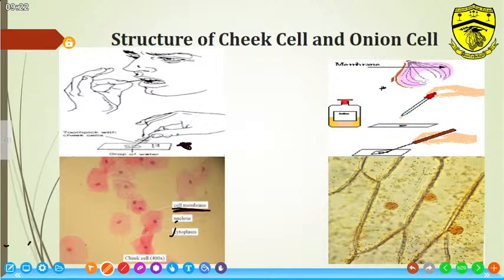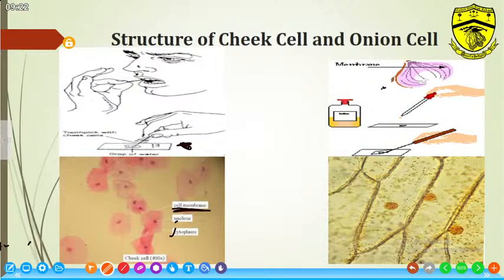And next one, how do we get the onion cell? How do we get it? Yes, you got it. First, we cut an onion and obtain an inner fleshy tissue. Remove a peel from the inner or outer surface of it. Transfer it onto a watch glass containing water.